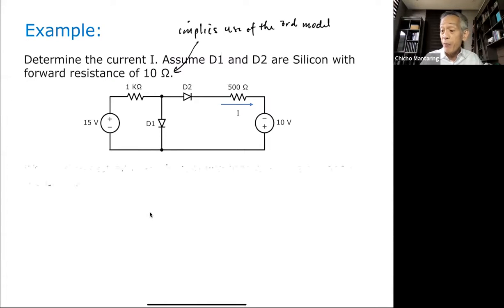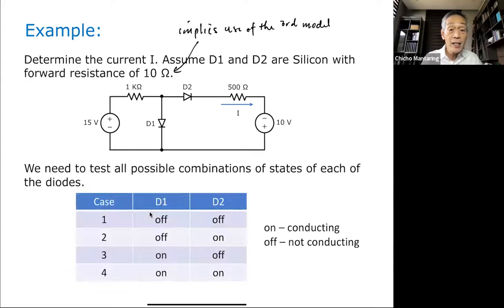So I'm going to have 4 states, and these are my 4 states. I labeled them case 1, case 2, case 3, case 4, where I say off if the diode is not conducting and on if the diode is conducting. What do I have to do? I have to test each particular combination.